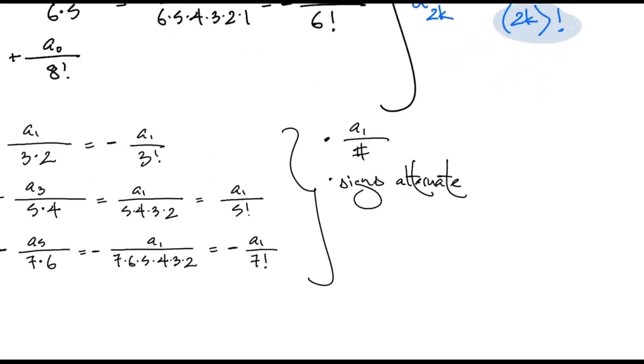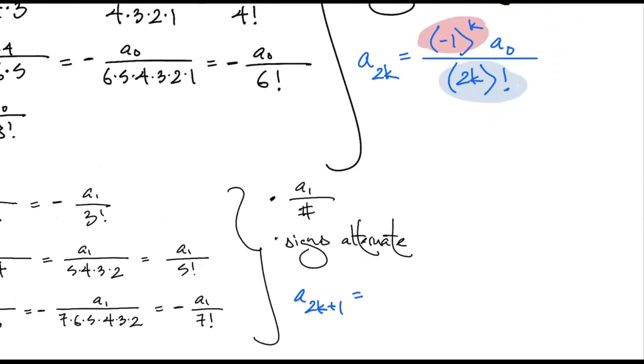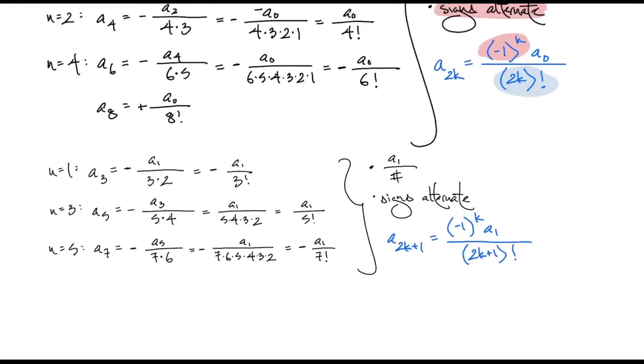But if we write this out, we'll say a sub 2k plus 1 equals, we want the alternating sign, so negative 1 to the k, that part is going to stay. But instead of a sub 0, we're going to write a sub 1. And in the denominator, we're not going to have 2k factorial, but we'll have 2k plus 1 factorial. All right.